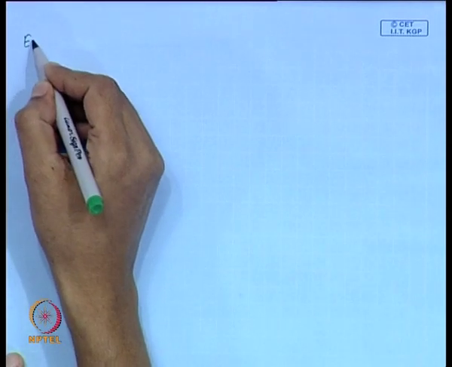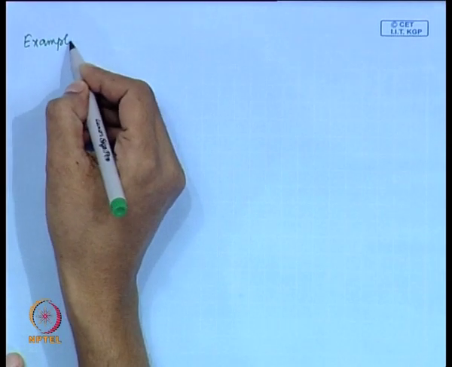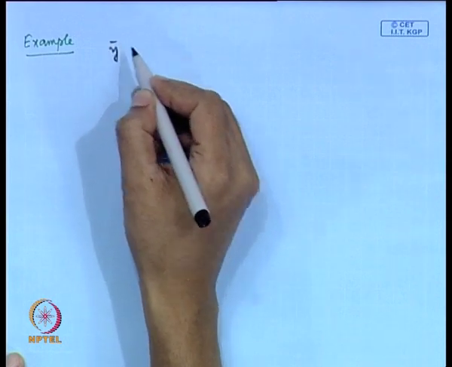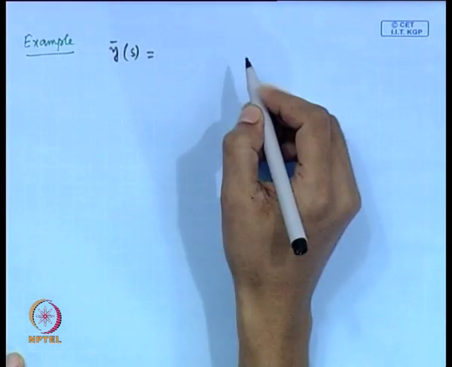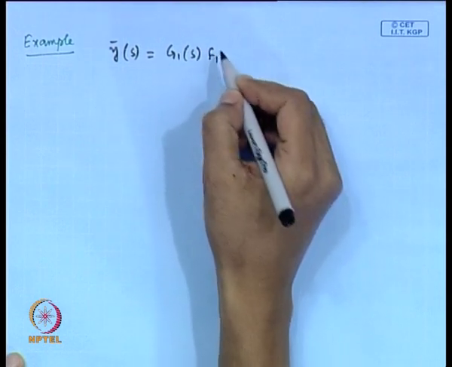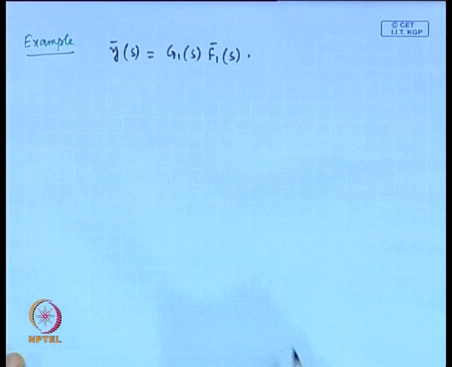Now, we will take one simple example to explain the concept of poles and zeros. So, we will take next one example. We will consider the equation in s domain, that is, G1(s) F1 bar(s).